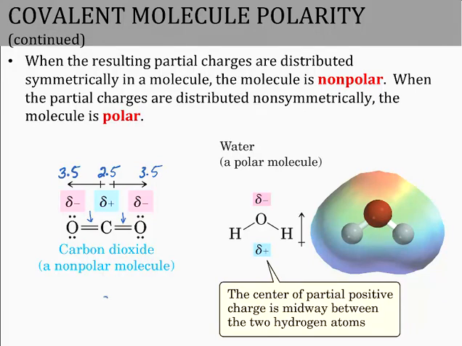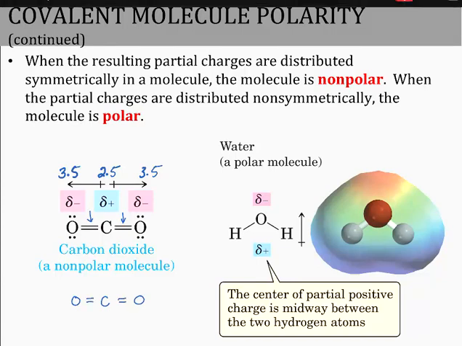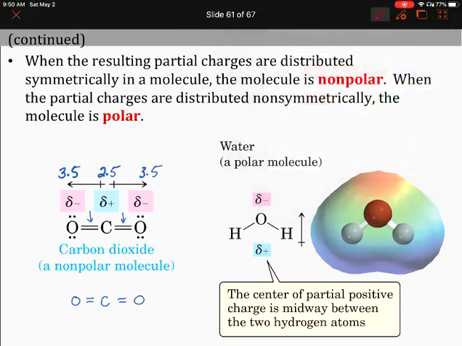So we could even draw a little picture here. And I'll kind of try to draw the electron density. So it's going to kind of look like a bow tie where both oxygens really like electrons and carbon not so much, at least compared to oxygen.